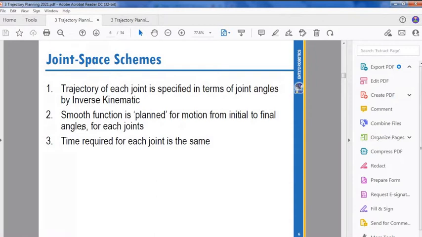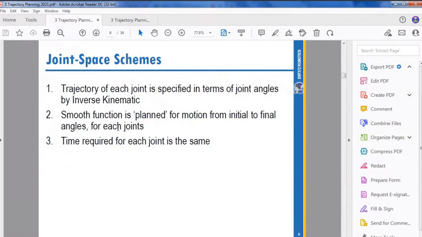So what we do for trajectory planning is we calculate the motion of the robotic arm from initial to final angle for each joint. Every motion of your joint, you will calculate.